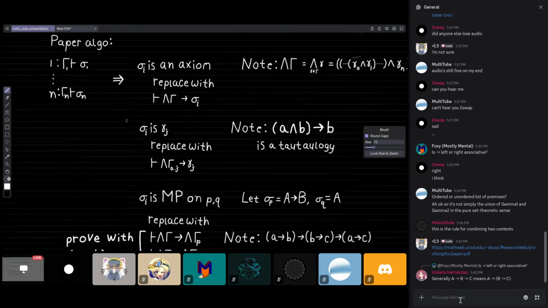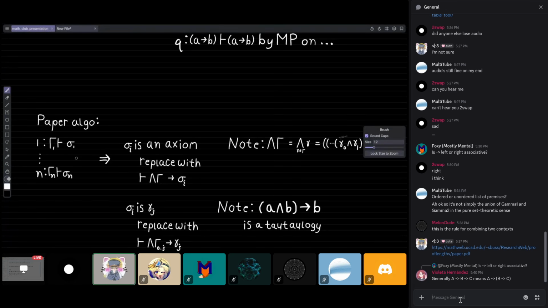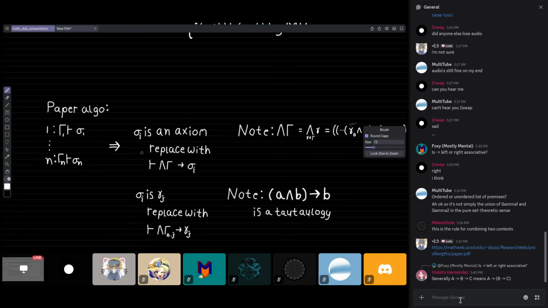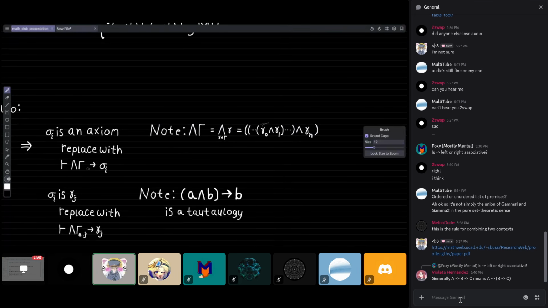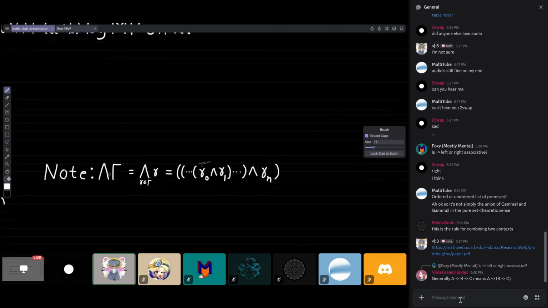Let's say that sigma I is an axiom, then the paper would have you replace it with the conjunction of the context implies sigma I, where the conjunction of the context is defined in this way.